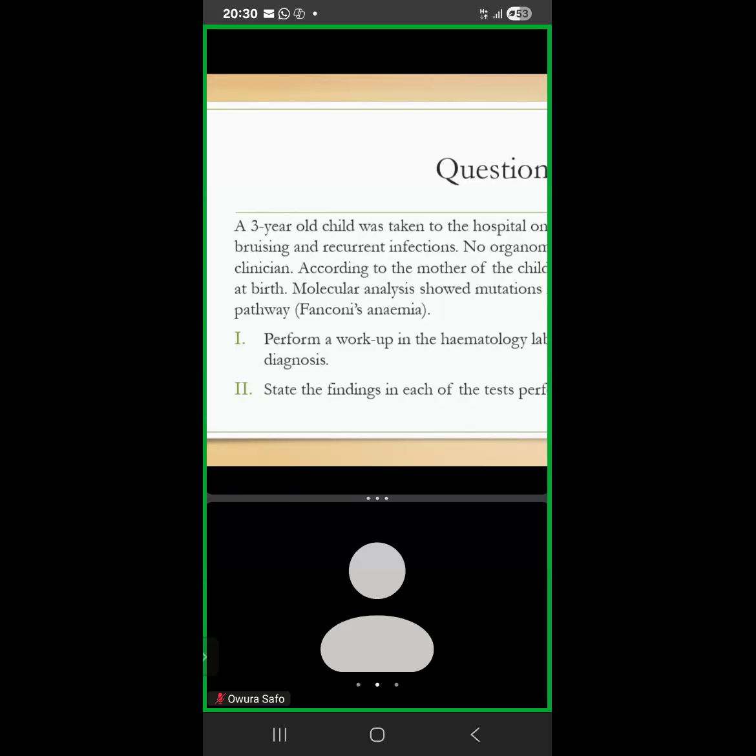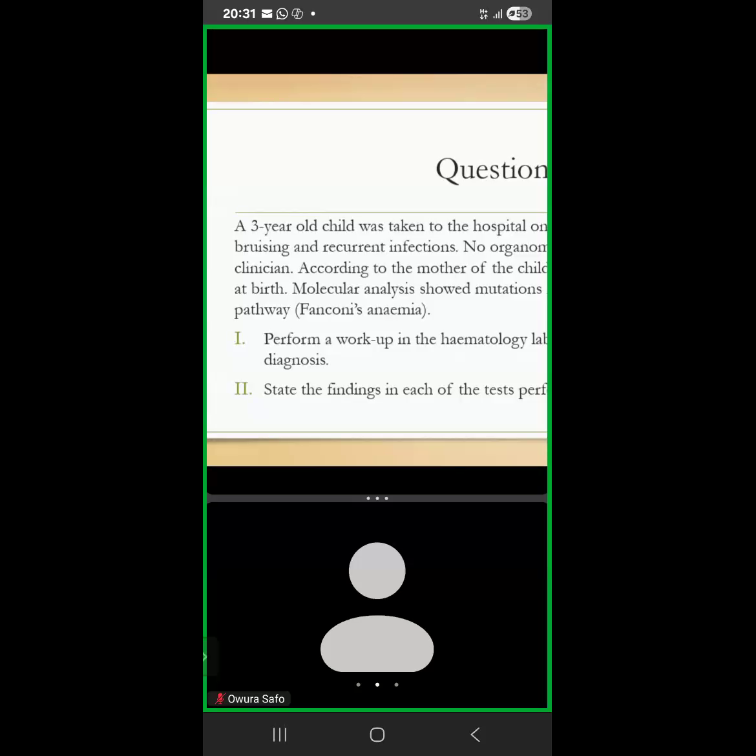So I've just made a case for CML. We are ending at peripheral blood and seeing CML. But the rich people are made to send their samples abroad to do confirmatory tests.